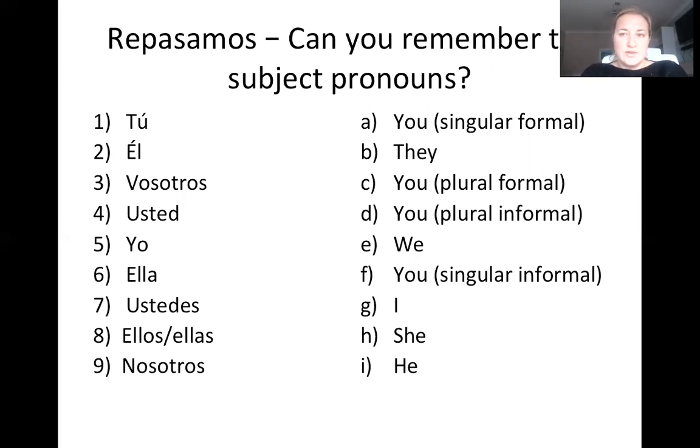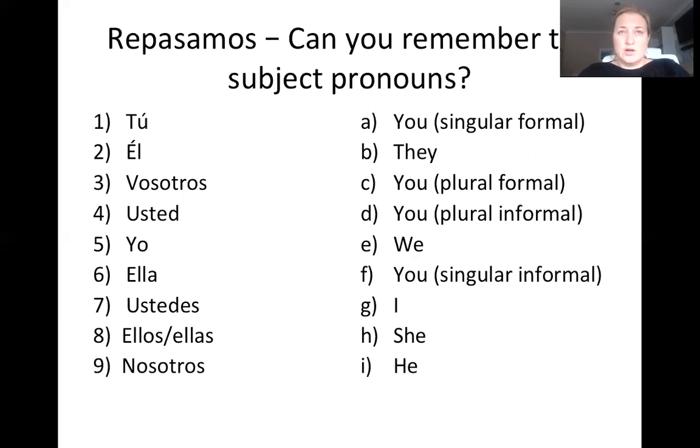So again, if you're in more of a work setting and you're referring to people as you, you're going to use the ustedes form of the verb. 8, ellos and ellas, we are matching up with B, and it's they. So remember, ellos is the masculine, ellas is the feminine. And if you've done your pronunciation lesson, you'll know that double L is a Y sound, yes.